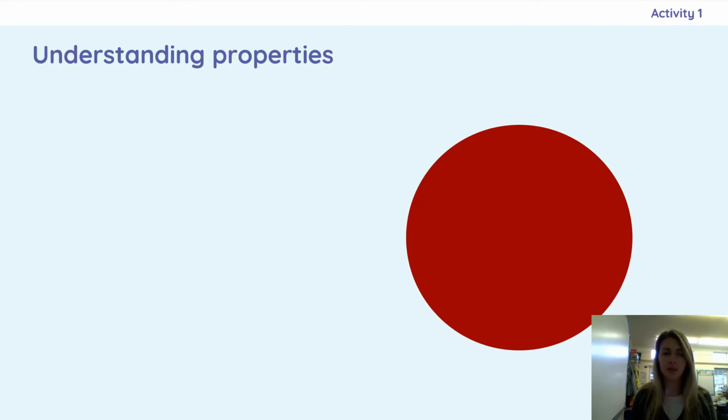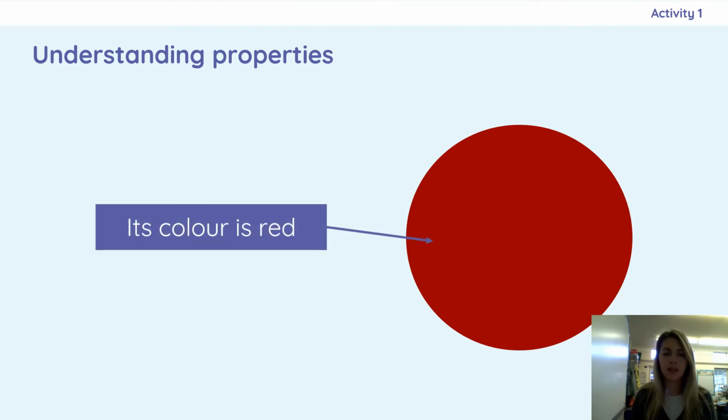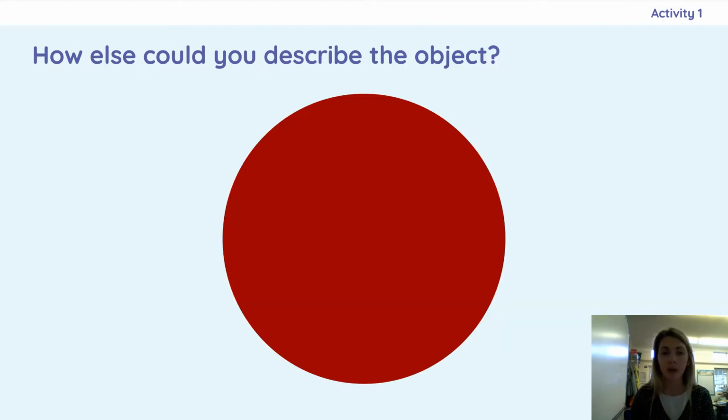Understanding properties. What does that word mean? Its colour is red. One property would be its colour. So the colour of this object is red. How else could you describe the object?